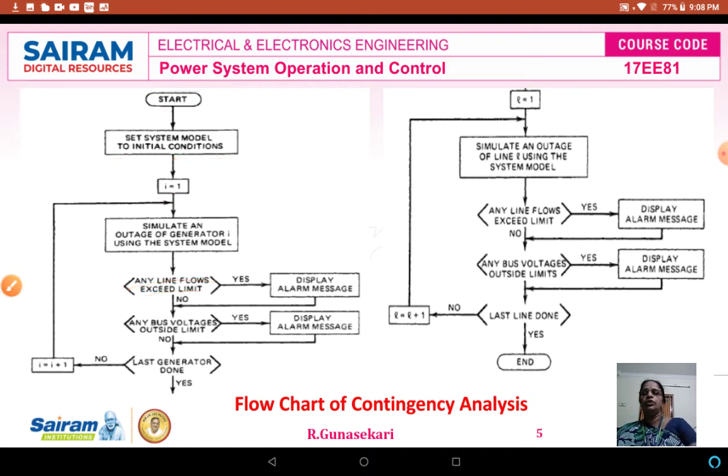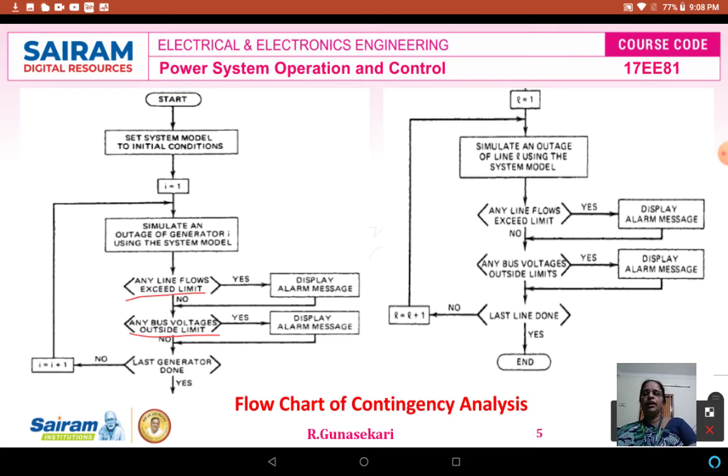If the line flows exceed the limit, then an alarm message is displayed on the screen. Suppose the line flows do not exceed the limit, then again we check whether any bus voltage is outside the limit. If yes, then the alarm is displayed on the screen.